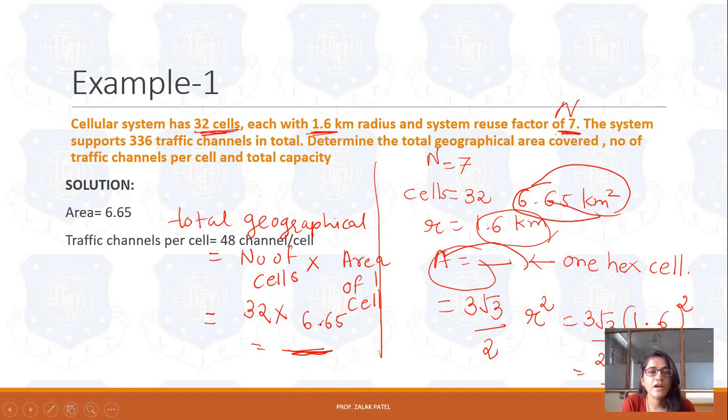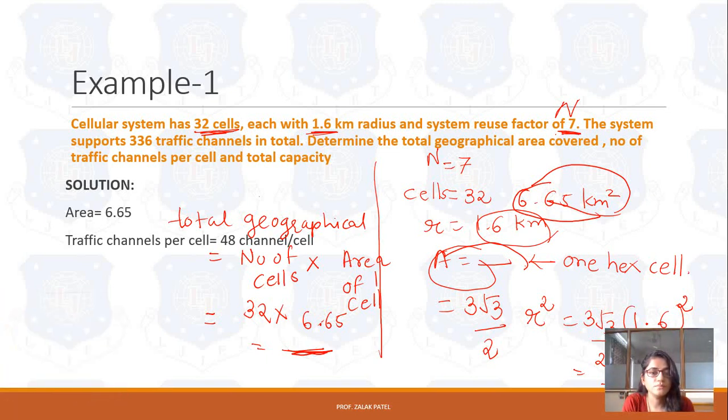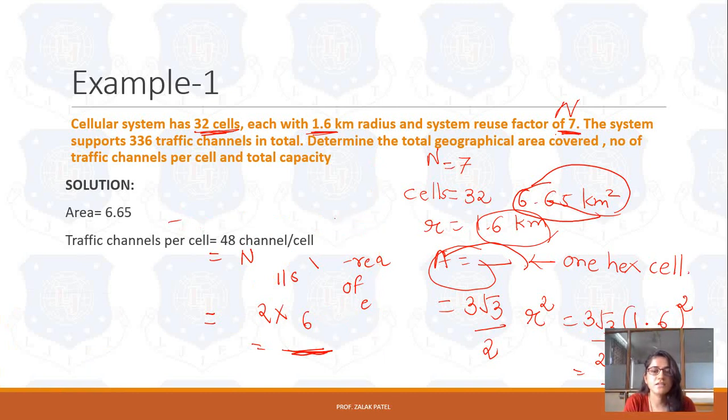Now, how do we find the number of traffic channels? In the problem statement, the total traffic channels available is 336, and the reuse factor is n equal to 7.